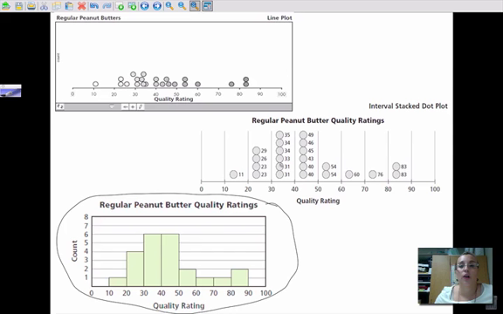For example, if you look at between 30 and 40, there were 6 ratings in that interval, so you can see that there's a bar that shows you that the count or frequency of the ratings in that interval is 6. Okay, you can read the histogram that way. It's not a bar graph.